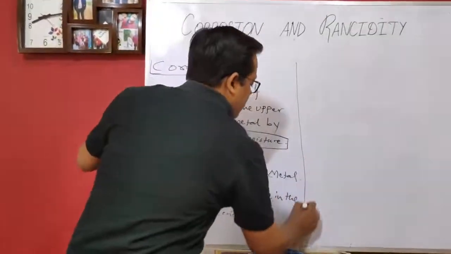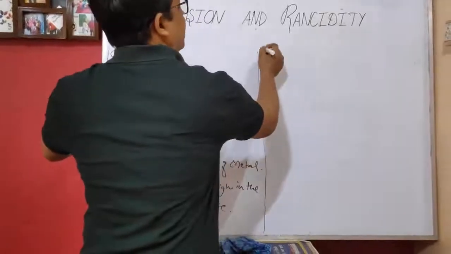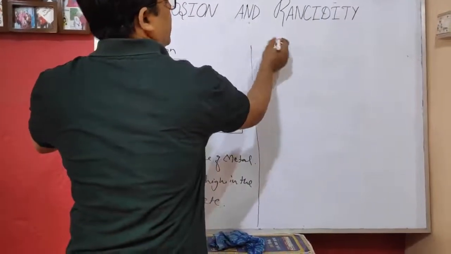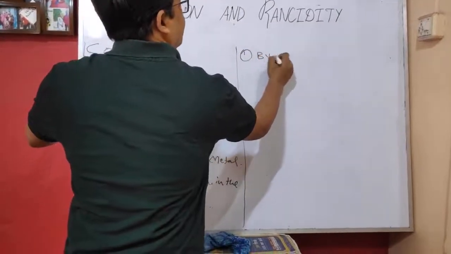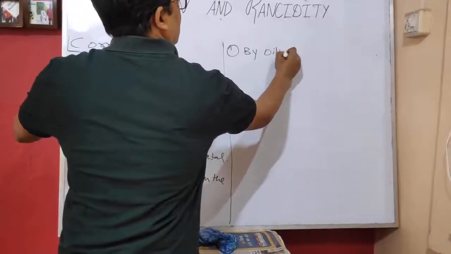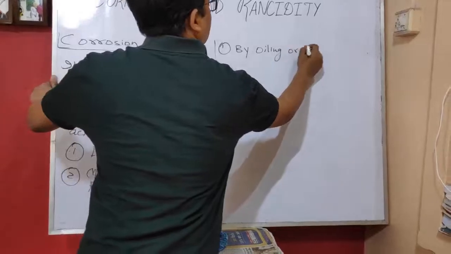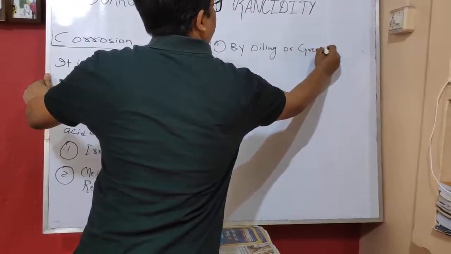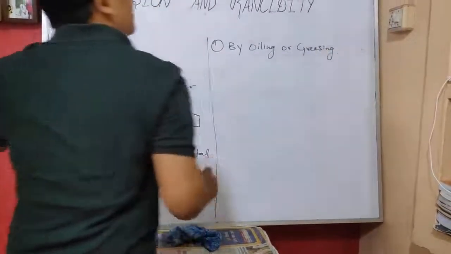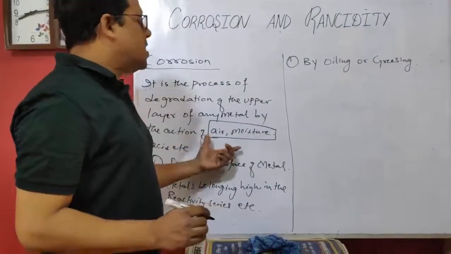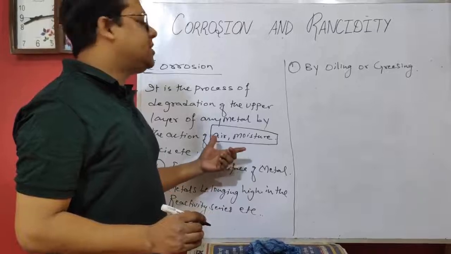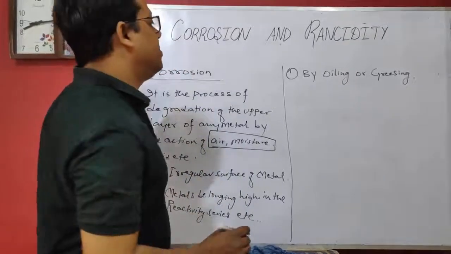Now, how can we protect metal from being corroded? First is by oiling or greasing. Because when we oil or grease a metal, air does not come in contact with it and it protects the metal from being corroded.